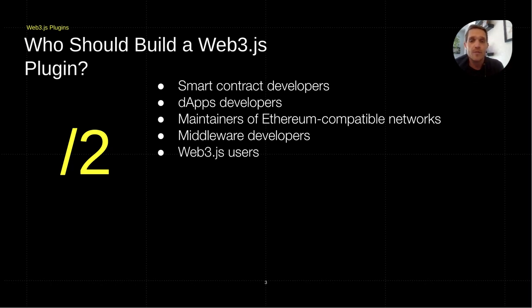You could be a middleware developer, like of an Oracle service, or maybe you're a Web3.js user who feels like you're always doing similar things and you want to package it in a nice API, or maybe there are gas estimation or testing concerns that you have.